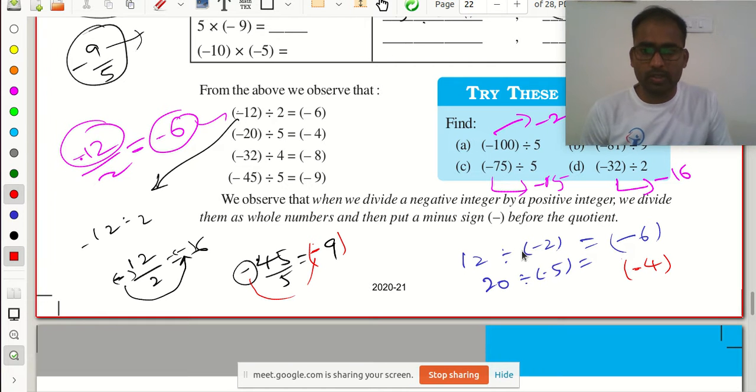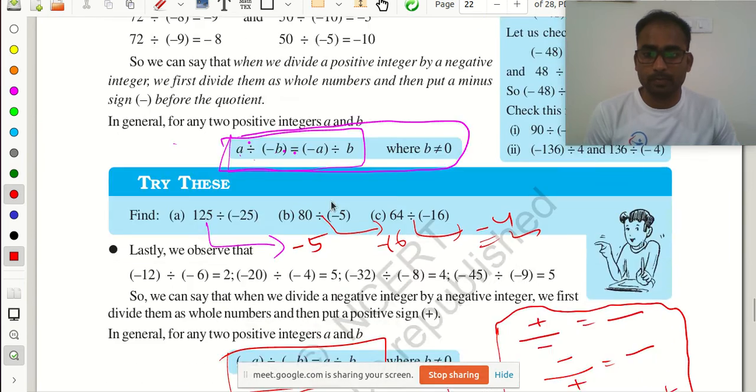No need to confuse. Whether the negative sign is in the numerator or denominator, it will be reflected in our output also. In subtraction, the sign of the larger number becomes the sign of our result, but in division it is not like that. Understood?